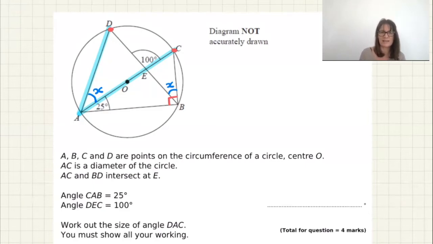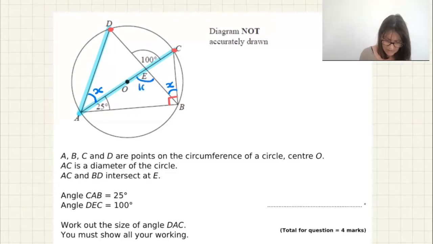That's what I can see in the diagram there. And then as far as the theorems go, that's probably it. They have given me 25 and they have given me 100. Now that 100 is a really easy one for me to start working with because I've got opposite angles that are equal here.